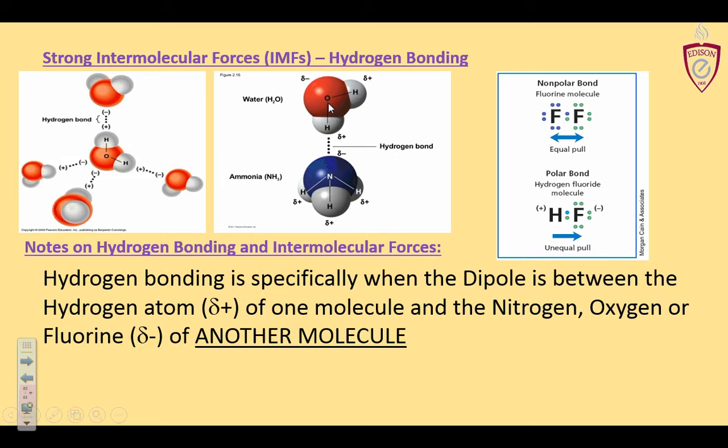Hydrogen bonding is specifically when the hydrogen atom of one molecule gets near the nitrogen, oxygen, or fluorine of another molecule. In all three pictures here, we can talk our way through how that's happening. The hydrogen, being less electronegative than the oxygen, nitrogen, or fluorine, loses out on the tug of war for the electrons in the bond.